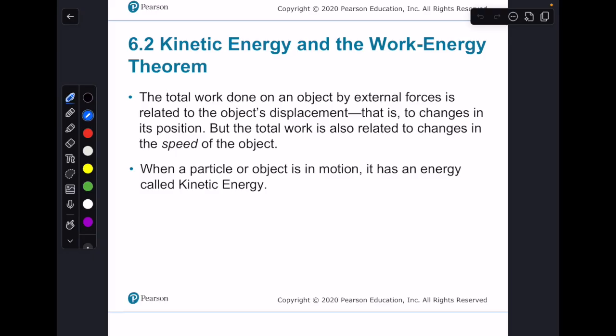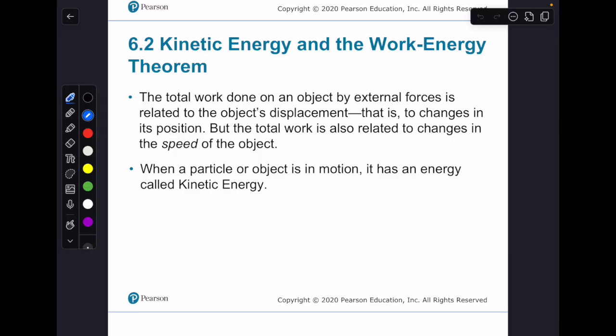So now let's take a look at kinetic energy and how it relates to work. So we just saw that the total work done on an object by external forces on that object is related to the displacement, right? Force net dot displacement. So if that's related to the displacement, we can also see that it's related to the speed of the object, right?